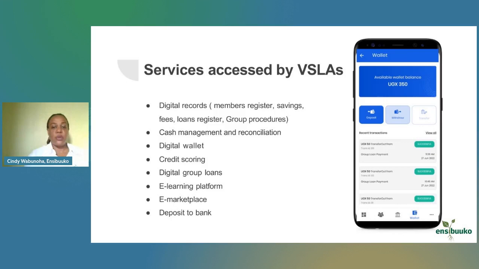The main services offered by VSL to VSLAs, these are village savings groups, but we just have that as a broad name here, but for all savings groups. As I said, the digital ledger, which helps them do reconciliations, meeting registration, and just run their day-to-day.